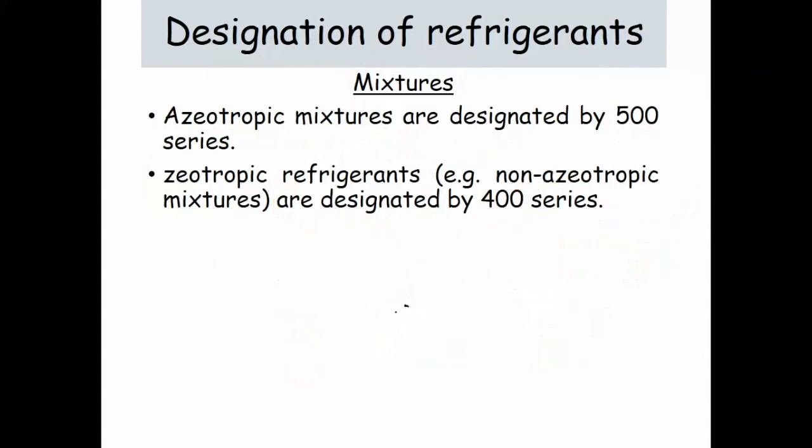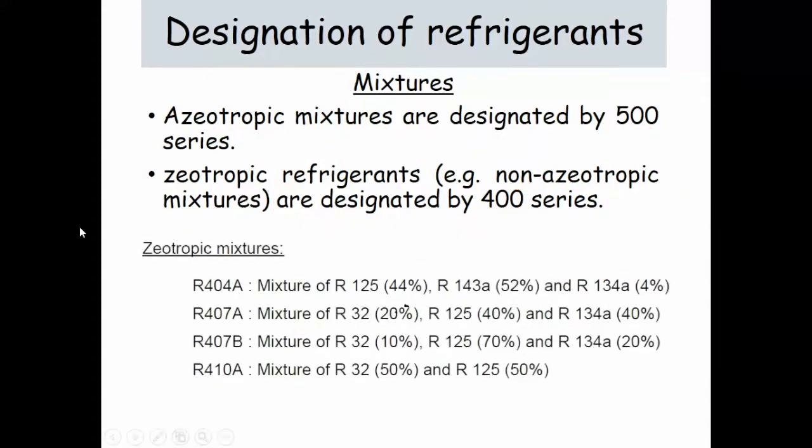Next, these are the examples of zeotropic mixtures. As we discussed, zeotropic mixtures are represented by the series of 400. These are the various mixtures, and here you can see in R404, R125 is used, R143A is used, and R134A is used. The percentages are 4%, 52% and 44%. These various components become R404A.